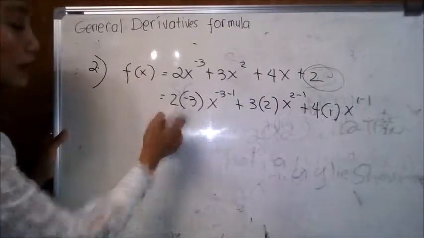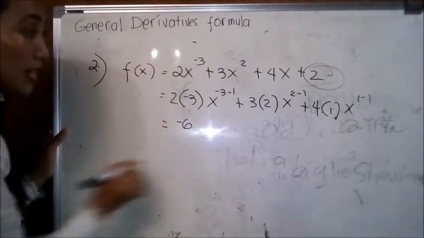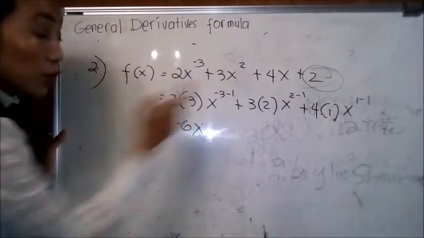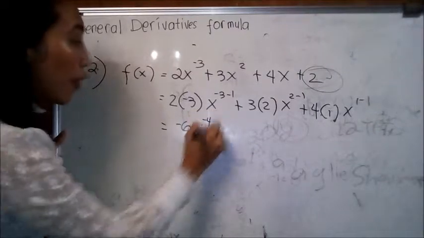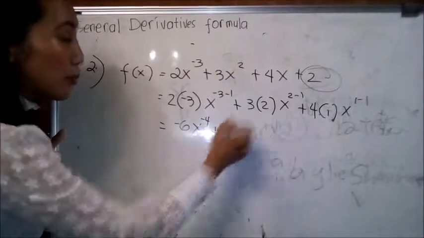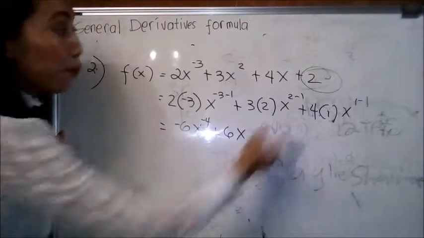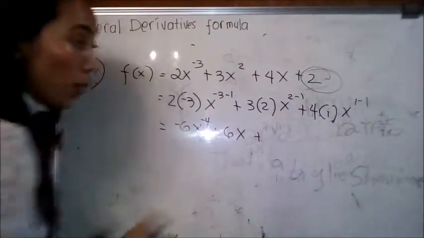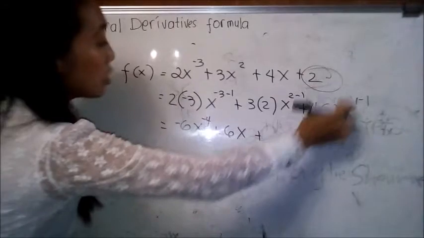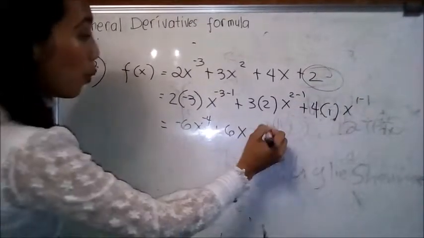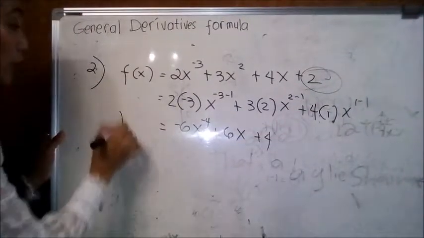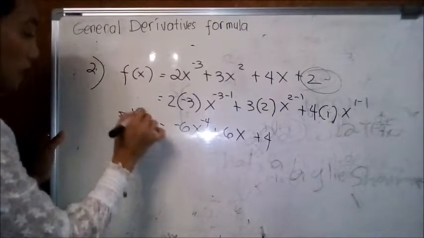So we have 2 times negative 3, which is negative 6, x to the negative 3 minus 1 is negative 4, plus 3 times 2 is 6, x to the 2 minus 1 is 1, plus 4 times 1 is 4, x to the 1 minus 1 is 0. So we have 4. This one is our first derivative.